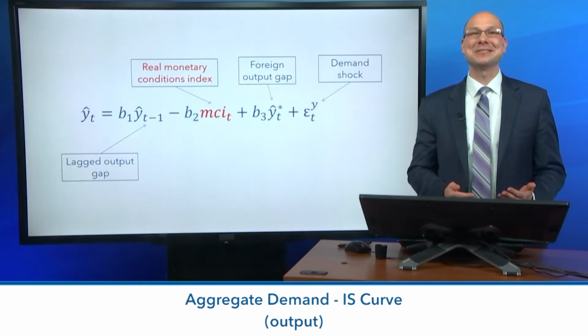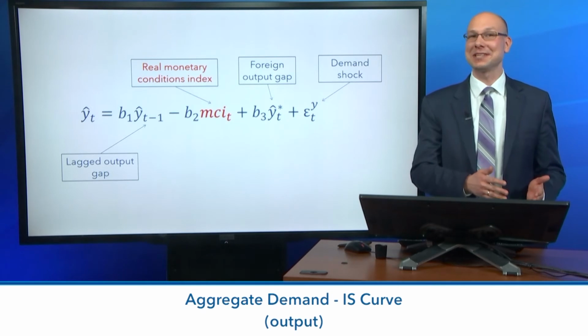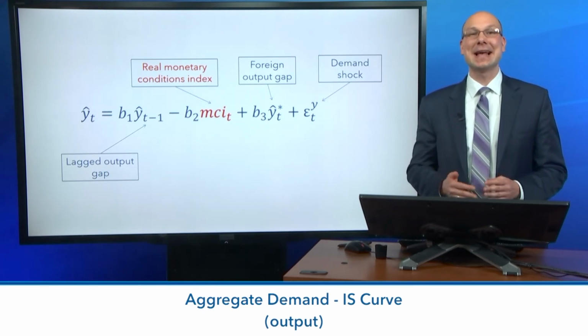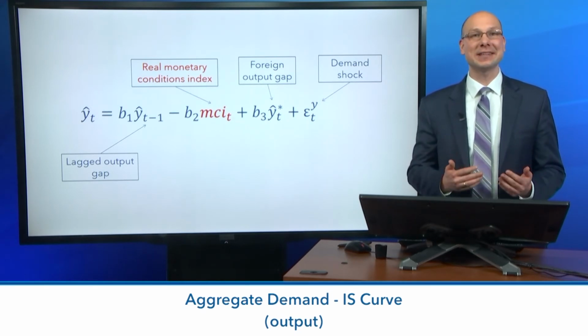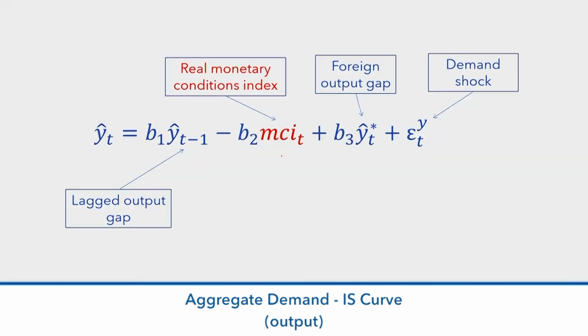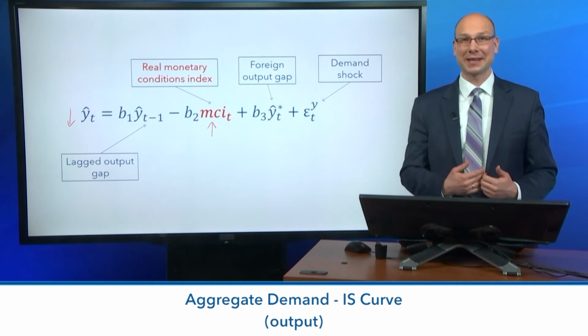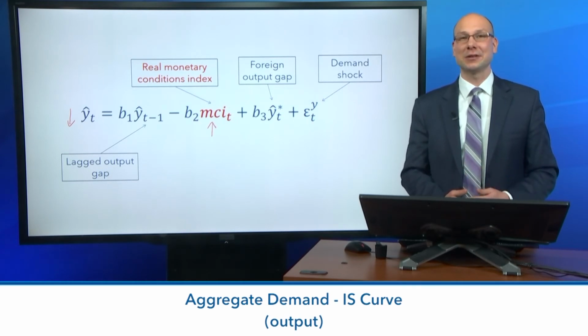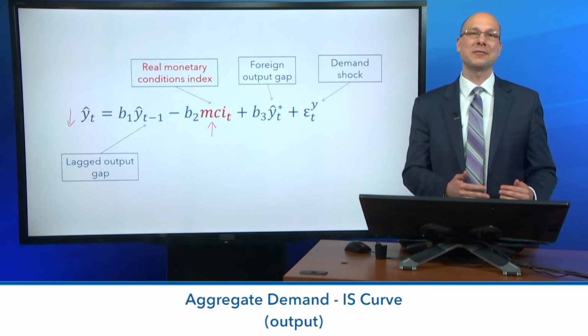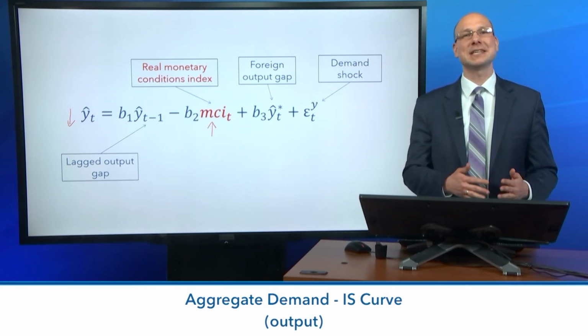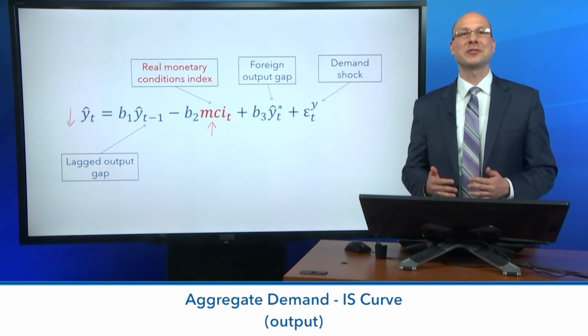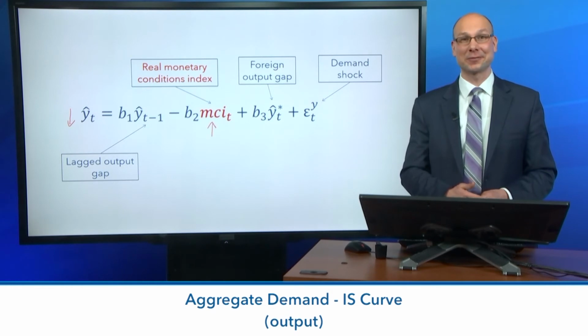To understand the transmission from monetary conditions to inflation, let's inspect the aggregate demand equation, or IS curve, in the QPM. Tight monetary conditions reduce demand for domestically produced goods. We have seen that in our case, the dominant channel was the substitution away from domestic goods towards imported goods due to the real exchange rate appreciation.